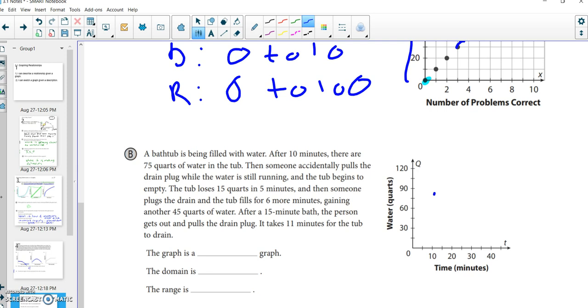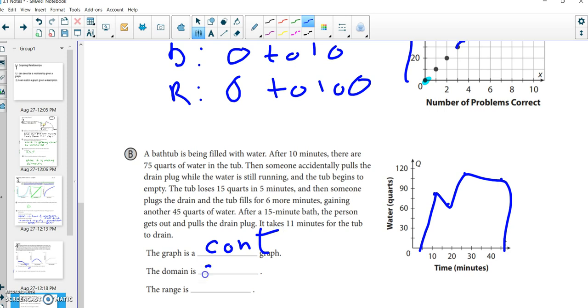So what happens is you actually end up getting something along this line, because remember, at a certain amount of time, it's going to be at a certain level. It may not be when you actually measure it, but it will be at a certain level at that point. So this graph is a continuous graph.